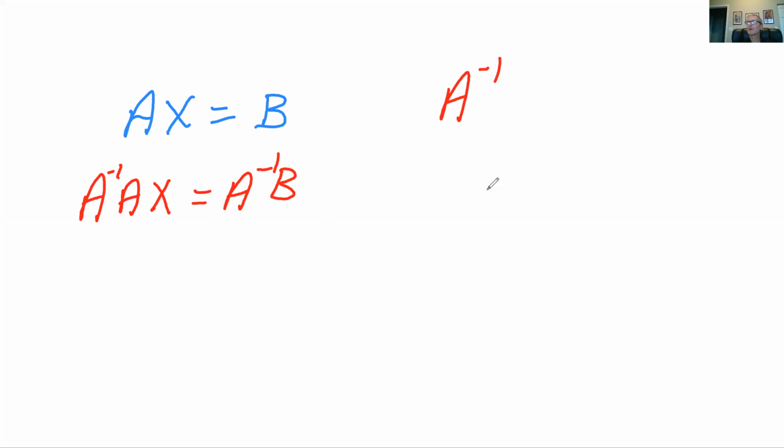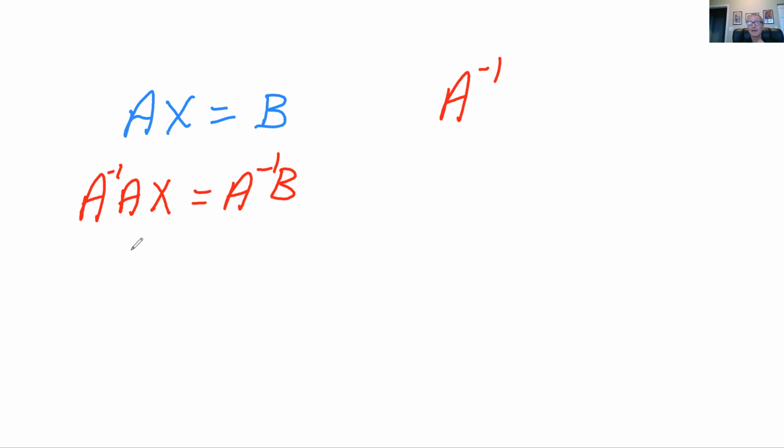And it's important to make sure that you put it on the correct side of the equation. Because remember, B times A inverse isn't the same as A times B inverse. So you always want to put it on the left side.